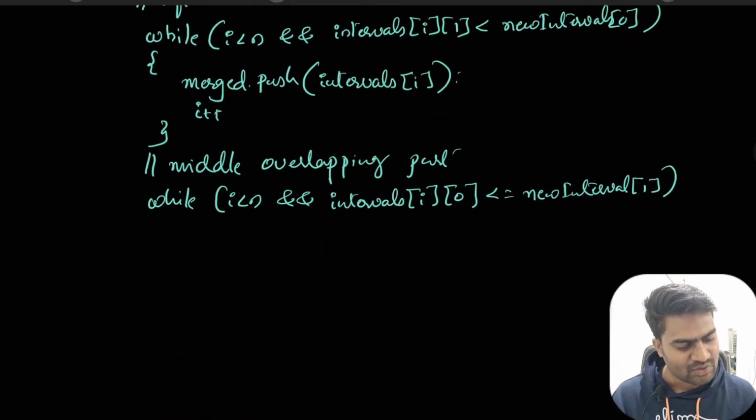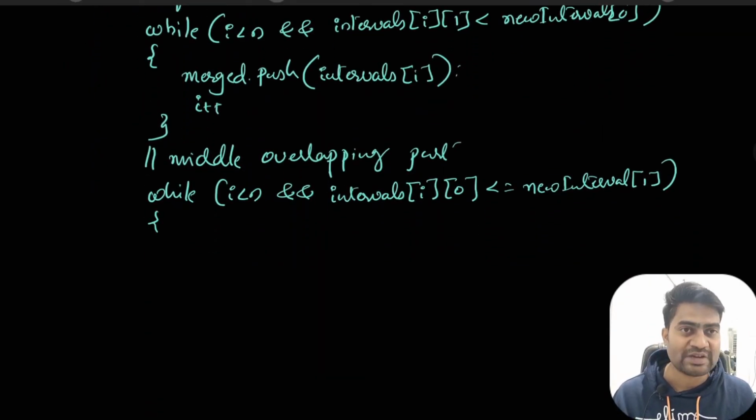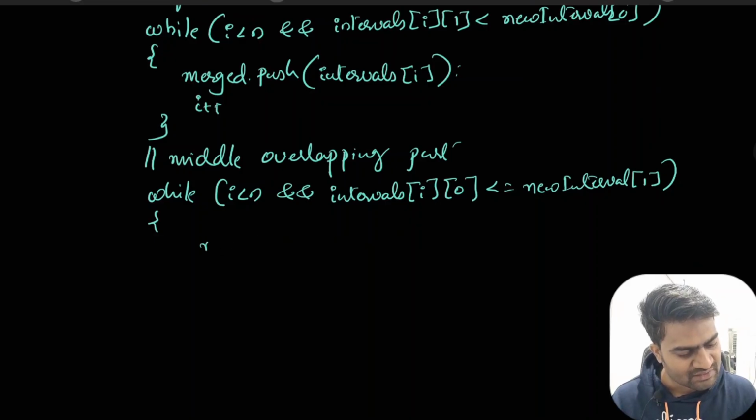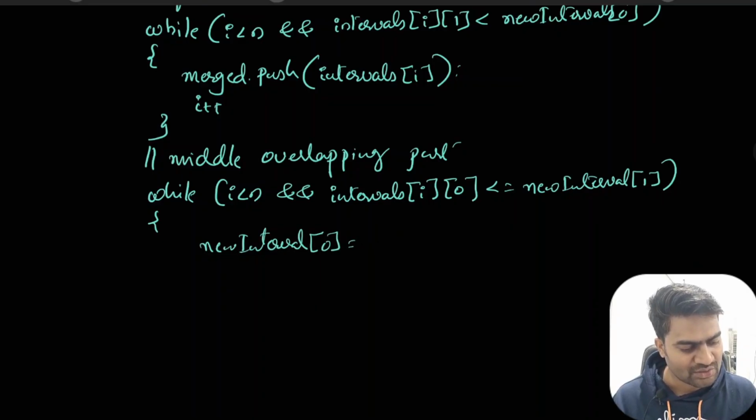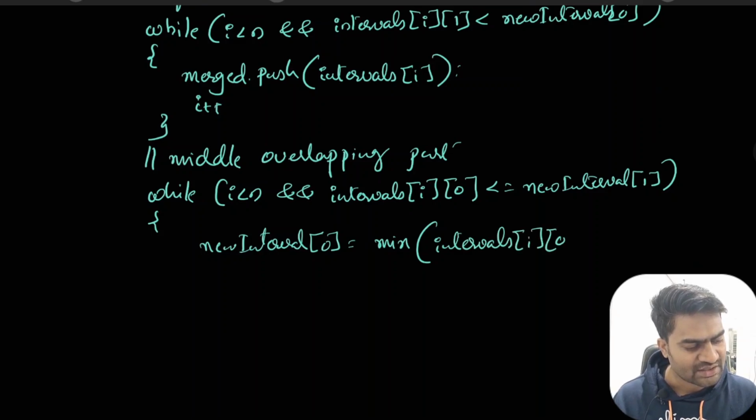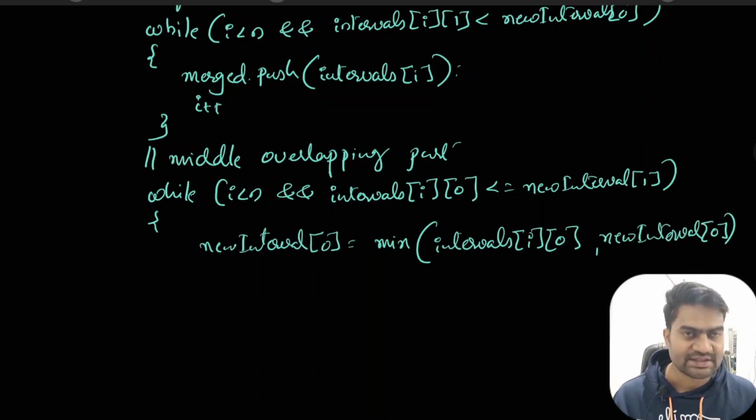Then what I will do is simply update my new interval. So newInterval of 0 is equal to the minimum of intervals of i of 0, this is i, comma, newInterval of 0.